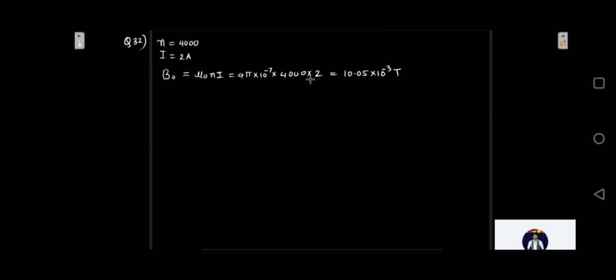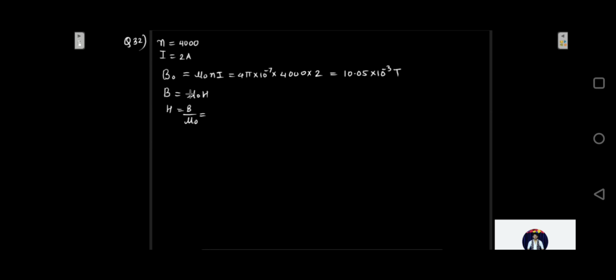Next we need to find out the magnetic intensity, that is H. So B will be given as mu naught into H. This is the formula we know. So from here we can say that H will be equal to B upon mu naught. B we have already got over here.